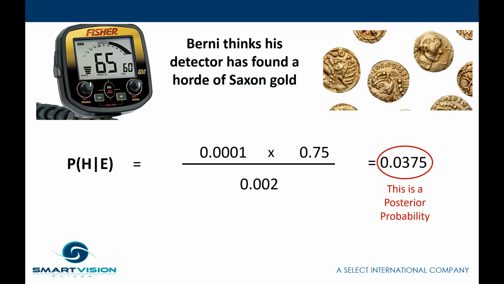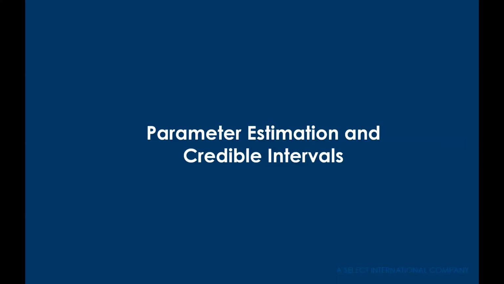Now, this is the posterior probability that we're calculating. And we've incorporated some prior probability with some evidence that we've collected in order to get this value. If you change these numbers around, of course, you're going to get a different posterior probability. But this is how Bayes' theorem is used in a practical example.